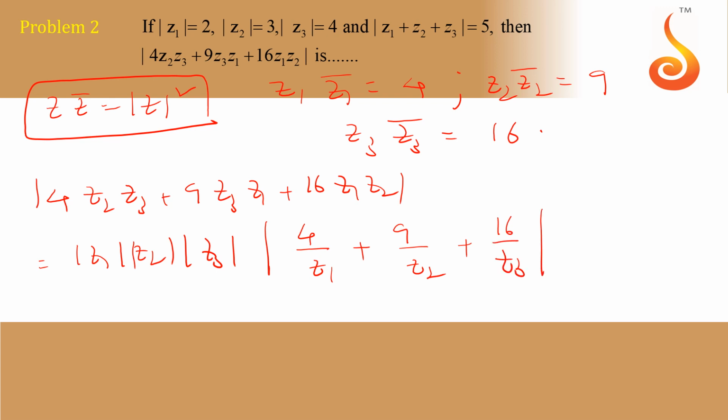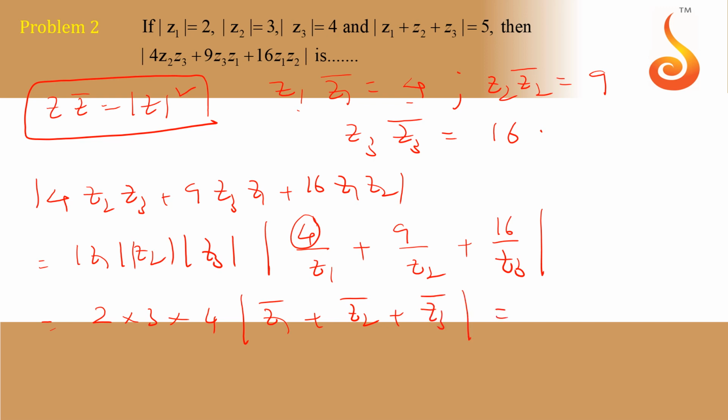Please remember, inside I took z1 z2 z3 common. It is under modulus, so they came outside with modulus. So inside you got this. Then what is 4? Can I write z1 bar? So z1 gets cancelled. So mod z1 is 2 into 3 into 4 here, and z1 bar by z1 means z1 bar plus z2 bar plus z3 bar.